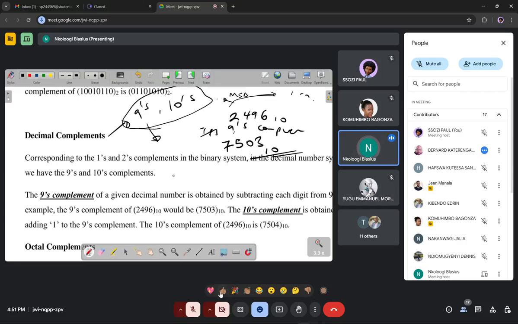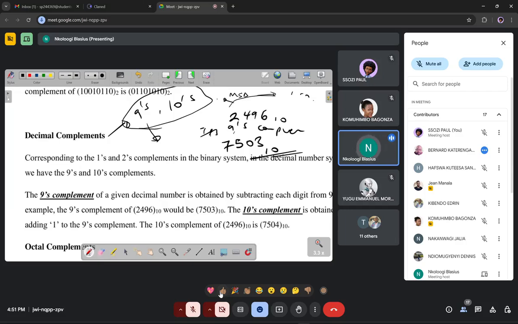Yes, let me proceed with the tens complement. The tens complement now will just be the same approach that we used in getting the twos complement. Remember, in the twos complement, you get the ones complement and then add a 1 to the ones complement.